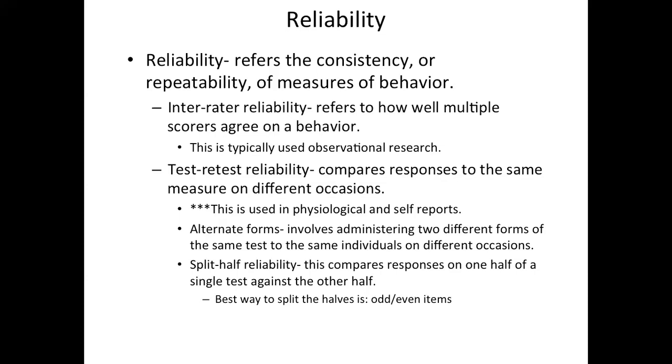For the Cronbach's alpha, we're going to correlate item 1 with item 2, correlate item 1 with item 3, item 1 with item 4, all the way to 100. And then we're going to take item 2 and correlate against every other item, and then item 3 against every other.